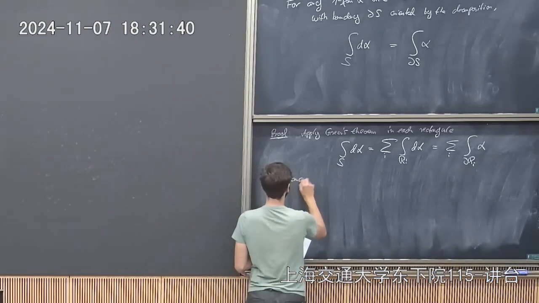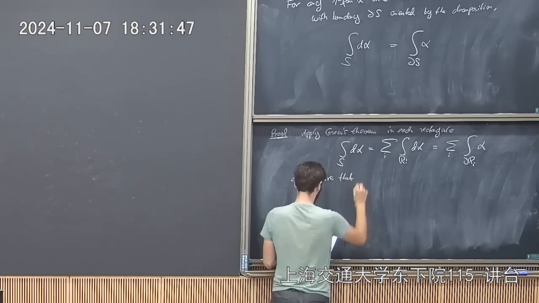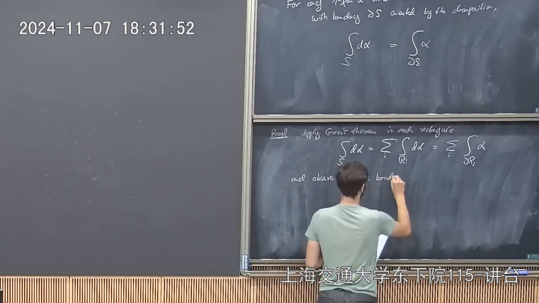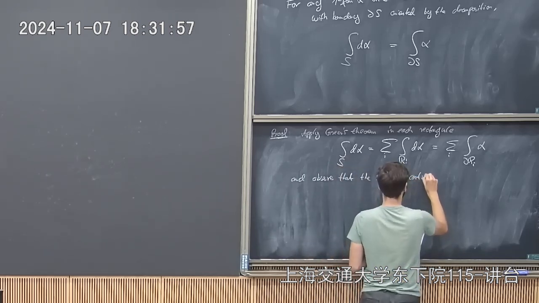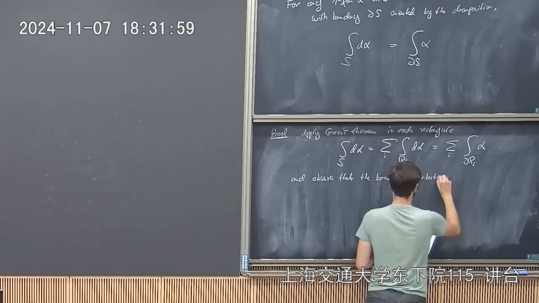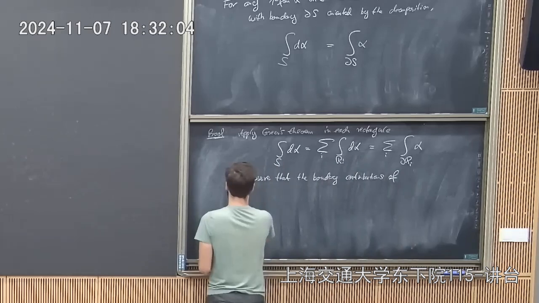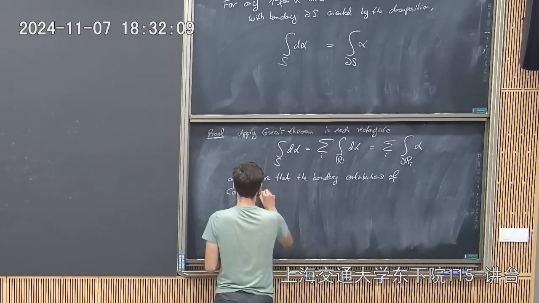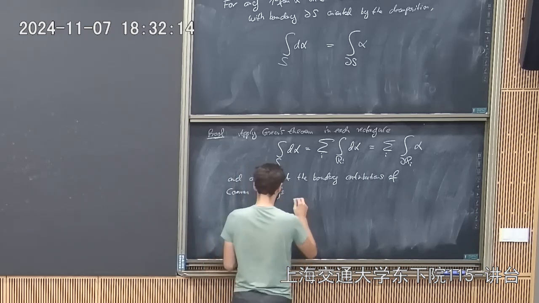And now we observe that the boundary contributions of common boundaries cancel out.